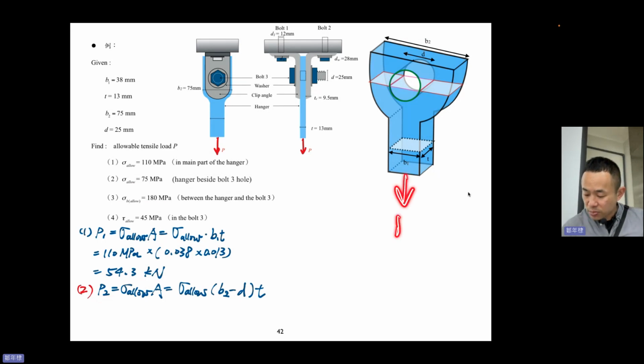So P2 is here, P will be here. So this is P1, this is P2. 1 and 2 are candidates for the P.